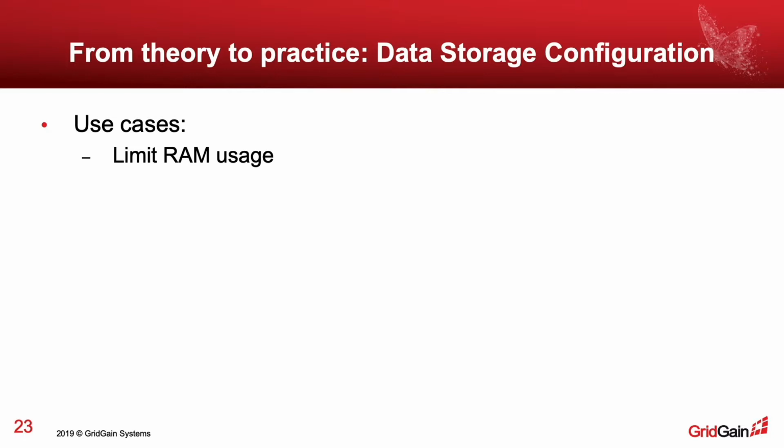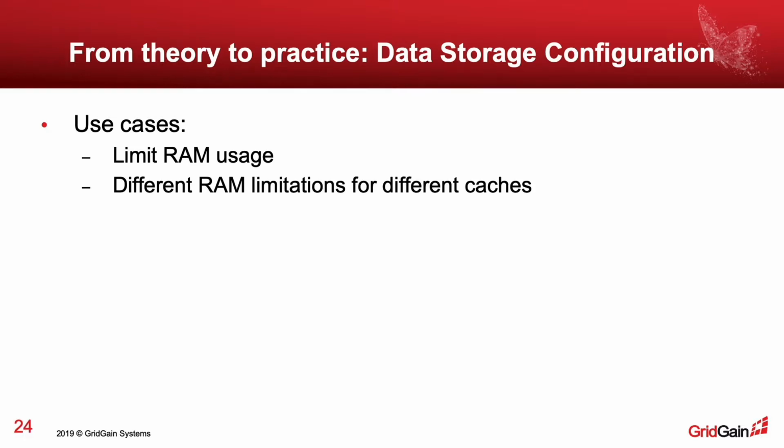For example, we have experience of deployments where Apache Ignite is used along with Kafka, each for its own reasons, and you may want to divide your physical memory between Ignite and Kafka. Then we'll proceed to more specific configuration. For example, if you have several tables, several caches, you may want to divide memory between them proportionally. And I'll tell you how to achieve that.